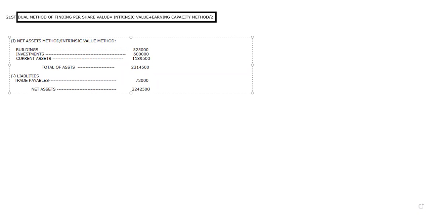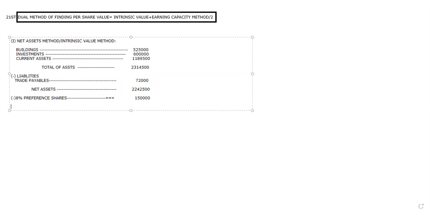2242,500. And from this one we have to minus what? When we have a preference share capital, preference share capital is to be minus. How much preference share capital did he give? 1 lakh 50,000, 8% preference shares is equal to 1,50,000.